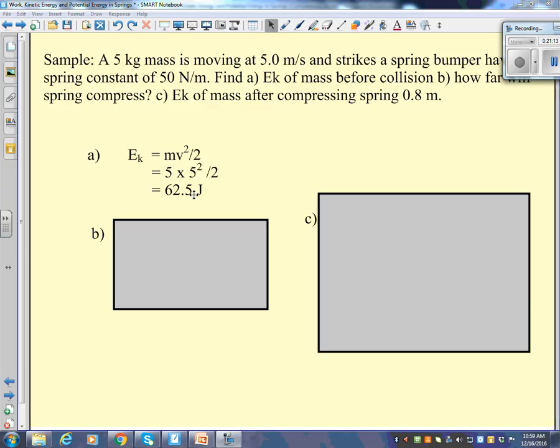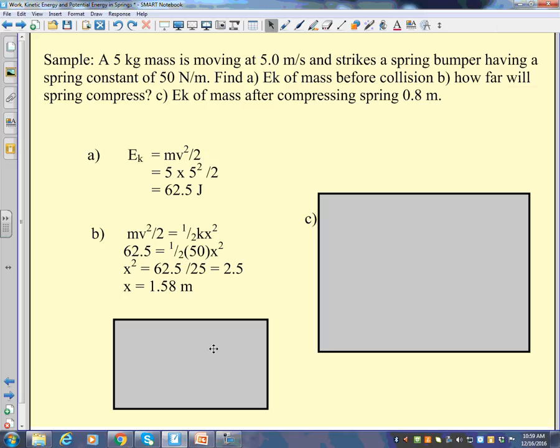It's converted to work, which is converted to spring energy. I guess that's the same as US, right? All of the spring energy, that's 62.5, is converted. And US equals 1/2 kx squared.